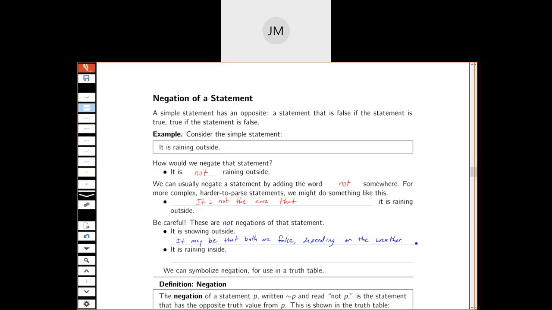And you get some crazy winters where maybe both are true. Maybe it's raining and snowing at the same time. I don't know.